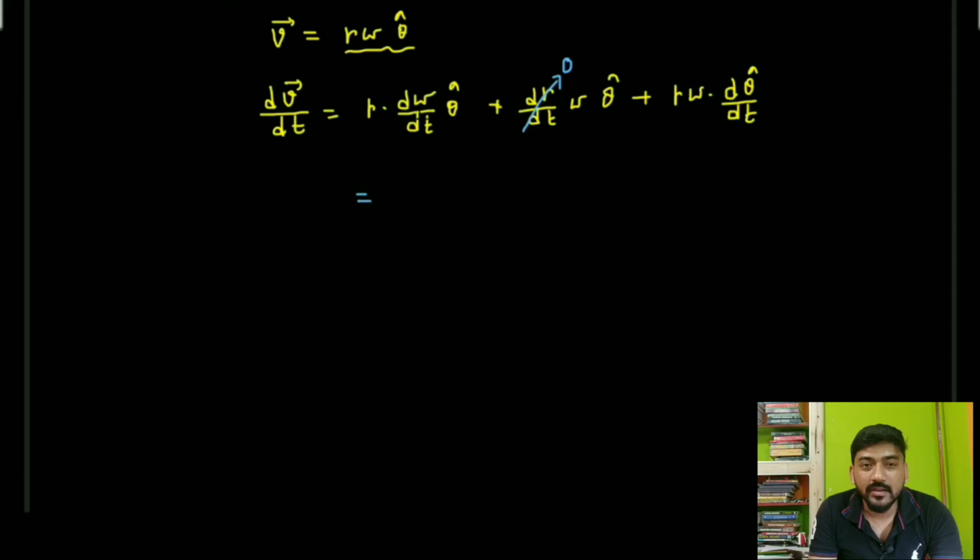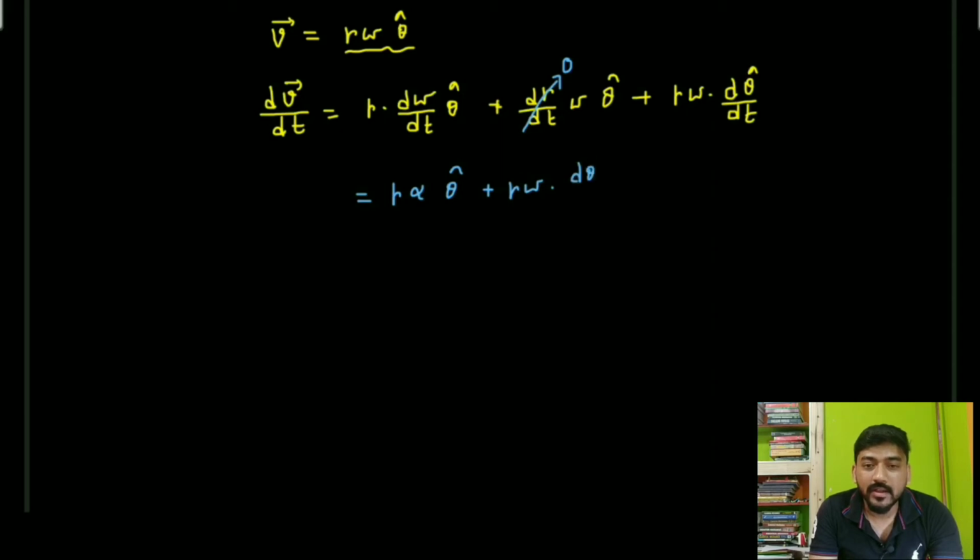You can retain it in terms of tangential velocity also, or it can be written in terms of alpha, since d omega by dt is alpha. So let me first write it as alpha. So r alpha into theta cap, and this term will be 0, plus you will get r omega into d theta cap by dt. Let me rearrange this equation again by involving theta.